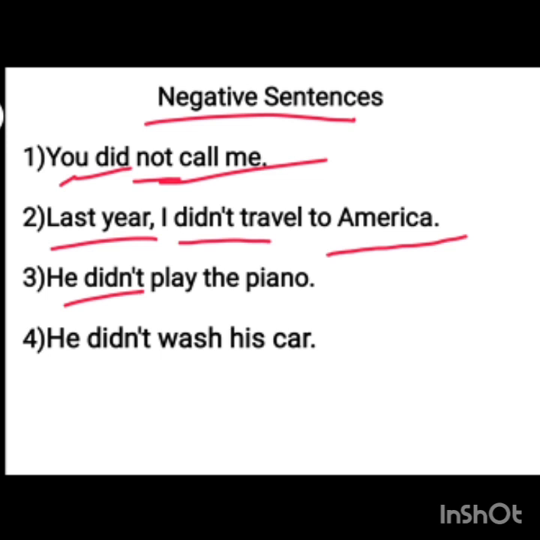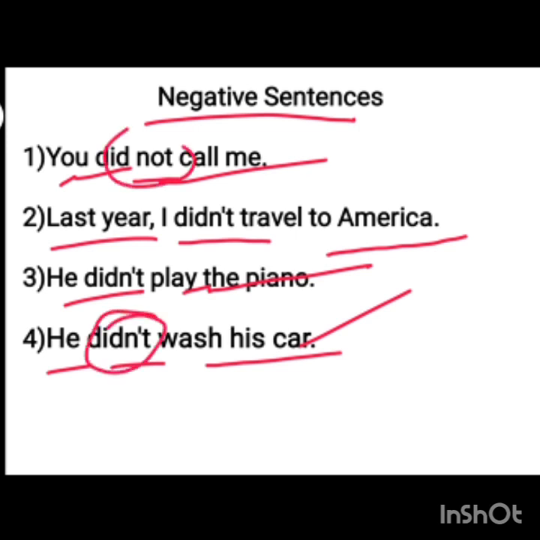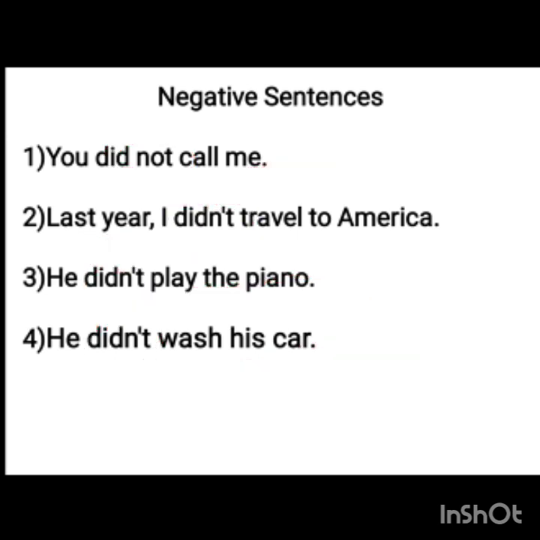He didn't play the piano. He didn't wash his car. So like that we should add didn't. Did not, the short form is didn't. This is how we can frame a negative sentence in the simple past tense.